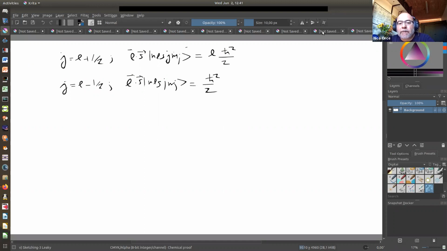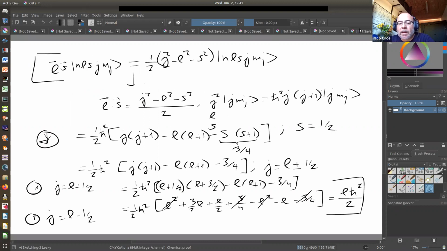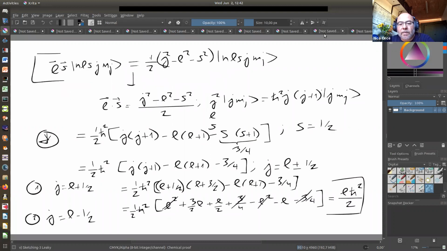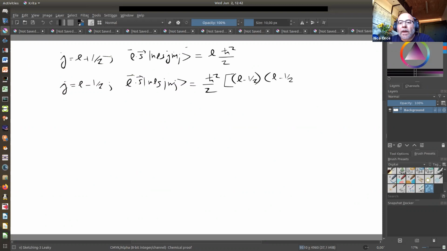That's always there. And now we have j plus 1. So j will be l minus 1/2. j plus 1 will be l minus 1/2 plus 1, which is plus 1/2. So this will be minus l plus 1 minus 3/4.